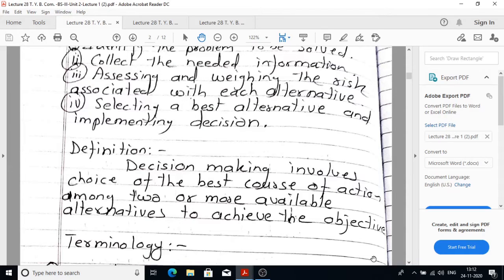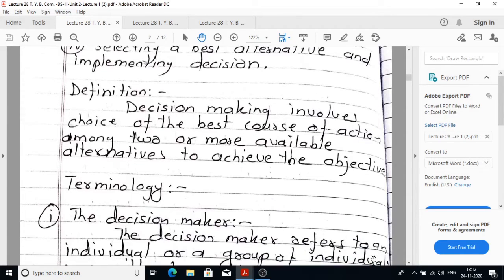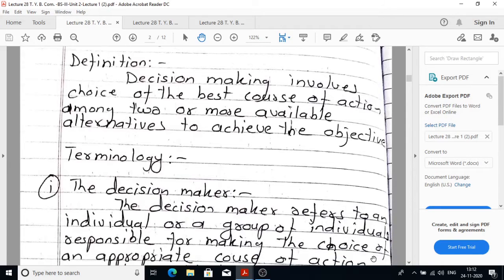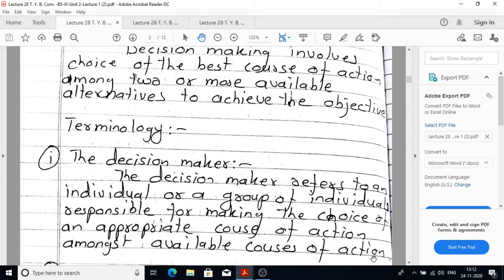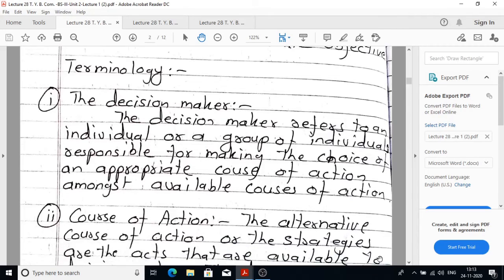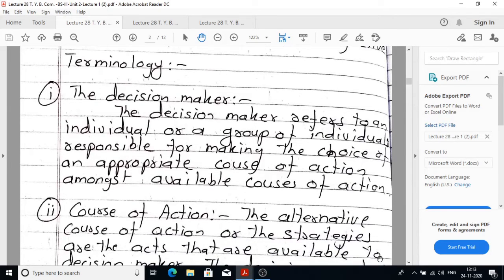Terminology, that is, the basic definitions. First definition, the decision maker. The decision maker refers to an individual or a group of individuals responsible for making the choice of an appropriate course of action amongst available courses of action. Next definition, course of action.